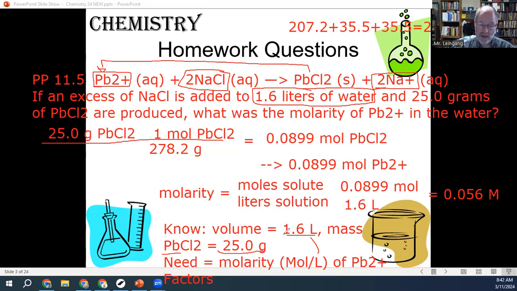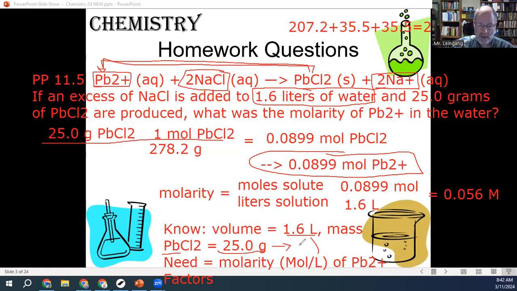So if you had done that, you would have actually gotten the right answer. But theoretically, you also had to account for the mole change. So even if you just listed this out and did it wrong, you said, well, okay, I need moles per liter. I have mass. I can find moles.